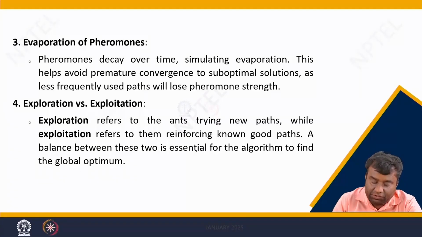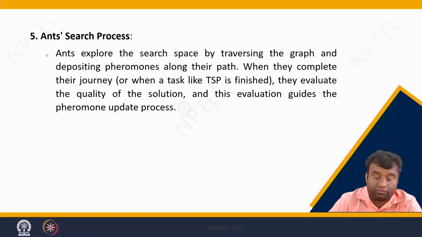A balance between these two is essential for the algorithm to find the global optimum. Now, ants search and explore the search space by traversing the graph and depositing pheromone along their paths. When they complete the journey or when a task like the task finishes, they evaluate the quality of the solution, and this evaluation guides the pheromone update process.